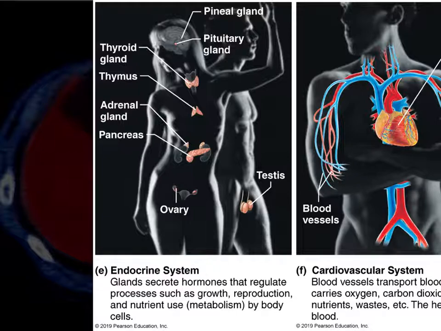Our next system is the cardiovascular system, which is made up of the heart and the blood vessels. What's the purpose or the function of our cardiovascular system? Transport blood. Okay, and what is transported in the blood? Okay, oxygen. What else? Carbon dioxide.